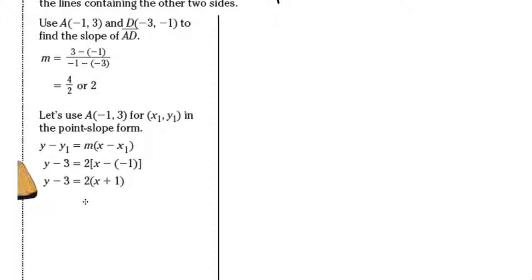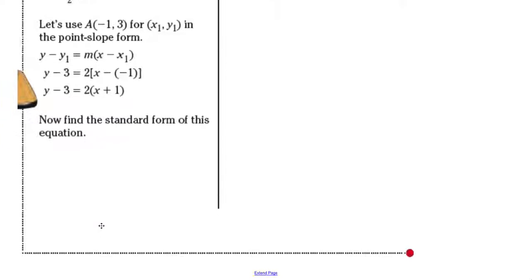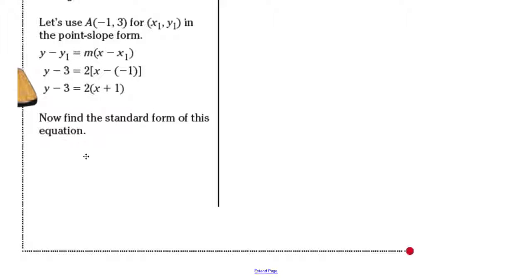Now, putting it in standard form, we distribute 2 to x plus 1 using the distributive property. This becomes y minus 3 is equal to 2x plus 2. Undoing negative 3 by adding 3 to both sides, you end up with y equals 2x plus 5, and subtracting 2x from both sides, you now have negative 2x plus y equals negative 5.